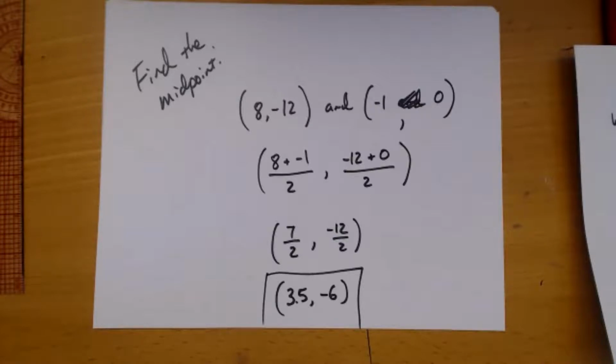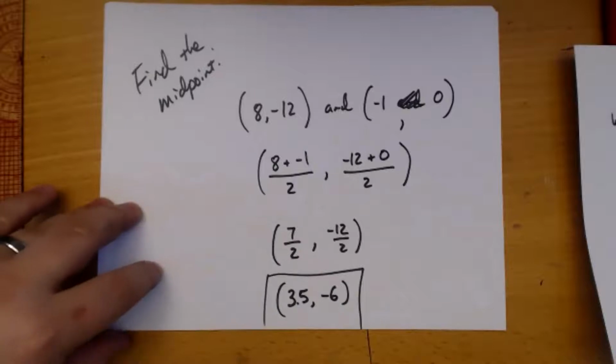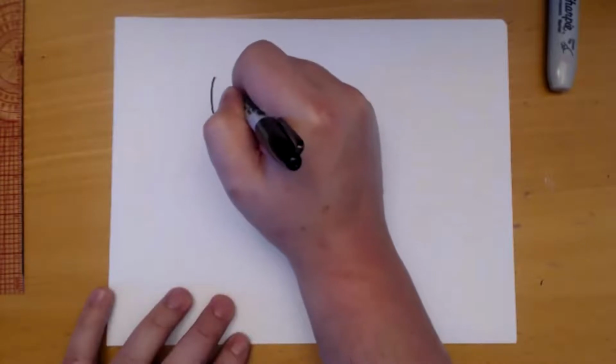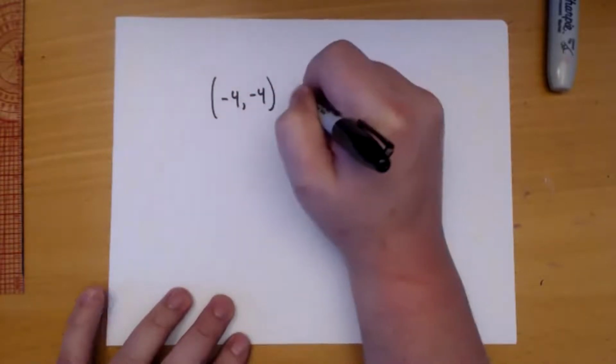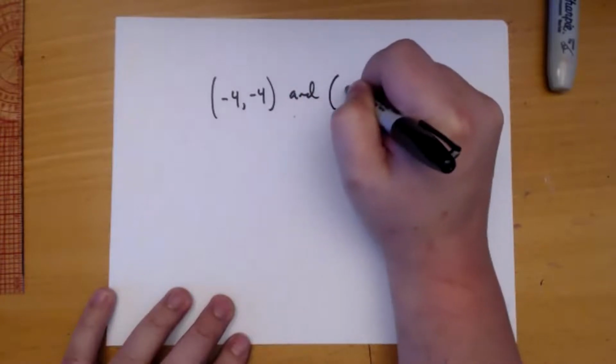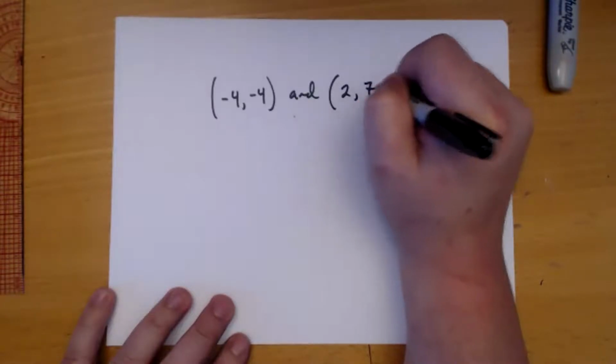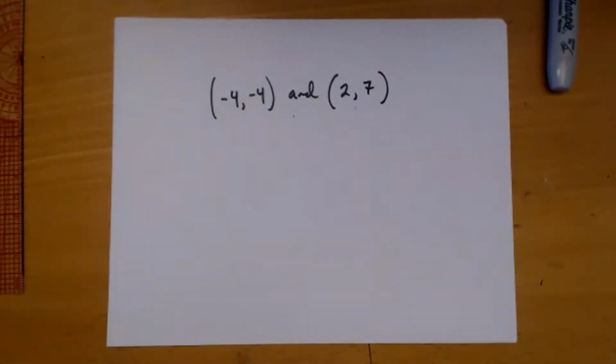Okay. Careful. Watch your handwriting. Take your time. Use some space. Don't cram it all together into a tiny little space. You'll make errors. Okay. All right, let's keep practicing. Find the midpoint.